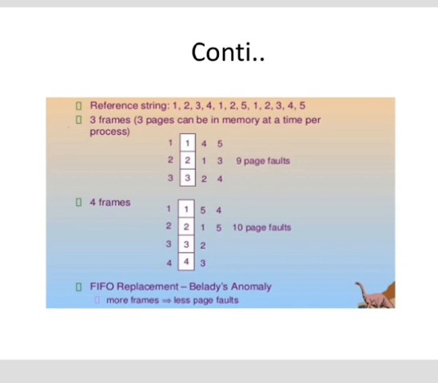So consider the reference string here, which is given as 1, 2, 3, 4. Now the number of page frames here is 3. So 3 pages can be in memory at a time per process.